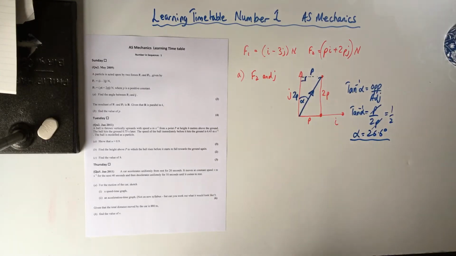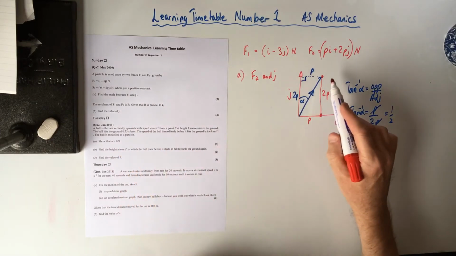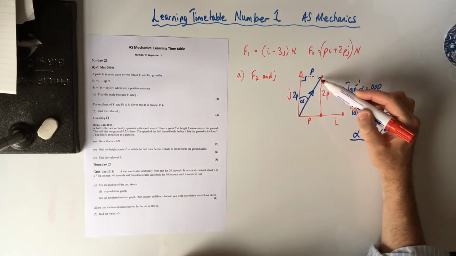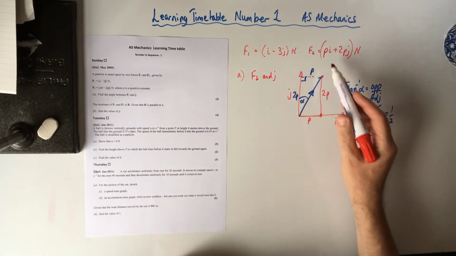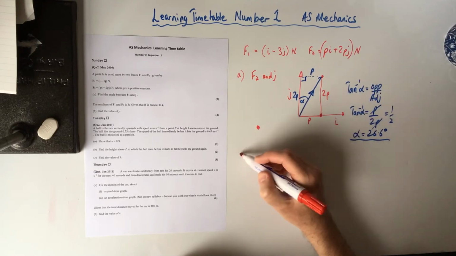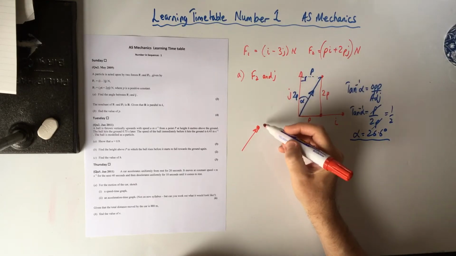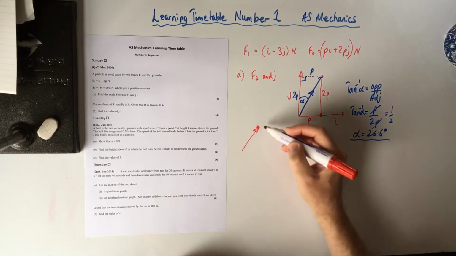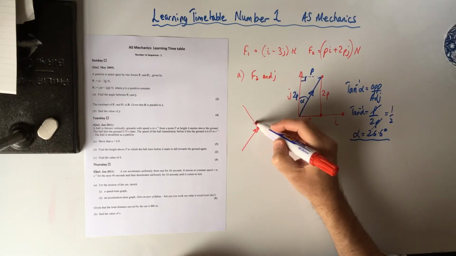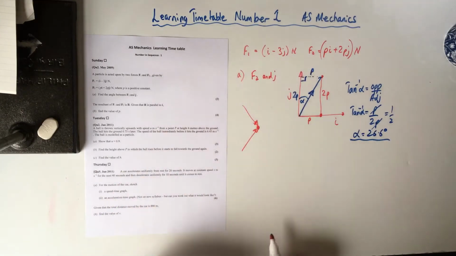Okay, it says the resultant of F1 and F2. So there's F2 and F1. Remember, the resultant means when you add the 2 forces together. There's the particle, you've got that force acting on it, and this force, which is i minus 3j, so that's 1 along and 3 down, going in that direction. Those 2 forces are acting on that particle.